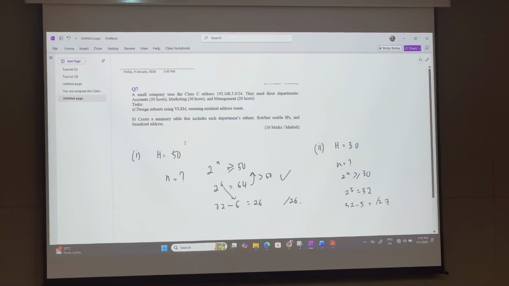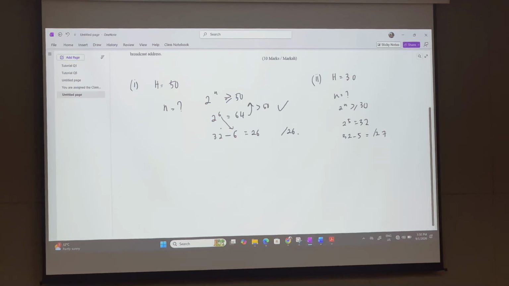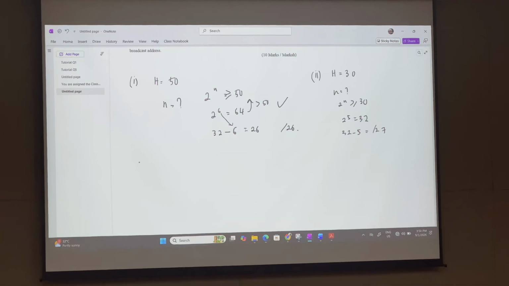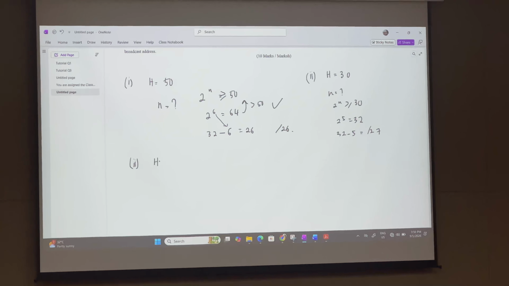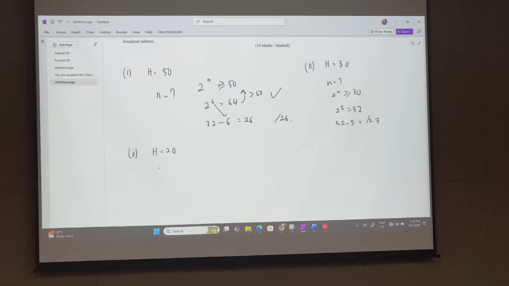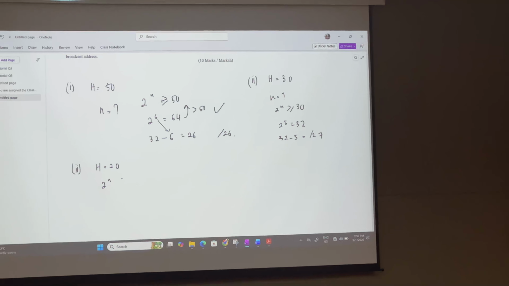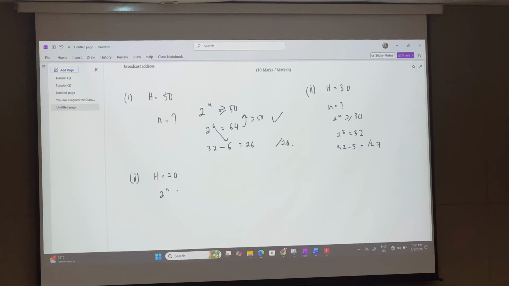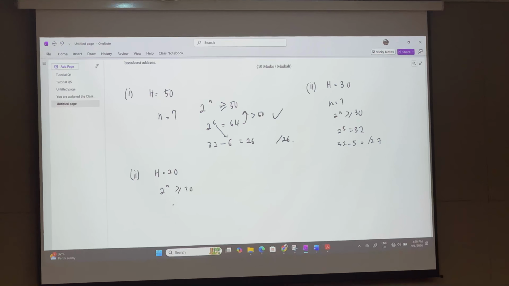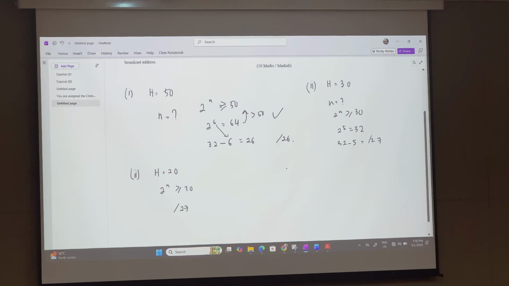Then part 3 is management, 20 hosts. How much is n? Still 5, since 2 power 5 is greater than 20. So this is also /27, same thing.